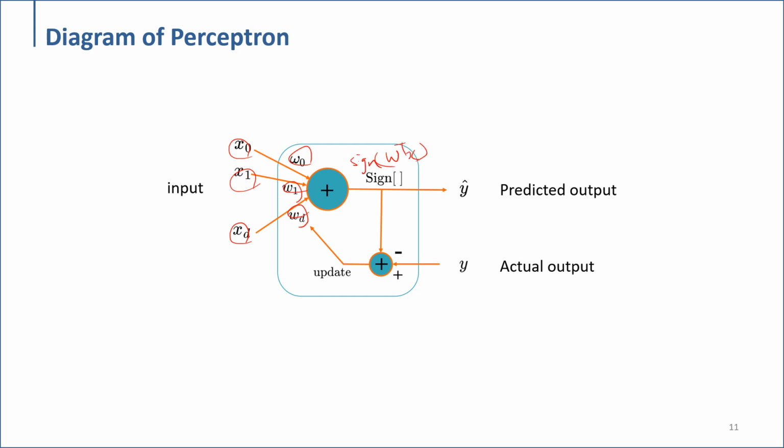From that we get our predicted value, and by comparing this predicted output with the actual output, we know whether it's correctly classified or misclassified. For a misclassified point, we need to update the weight value. By keeping up this iteration, we can properly train the model to predict the proper value.